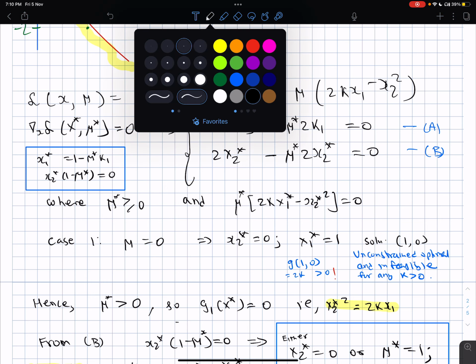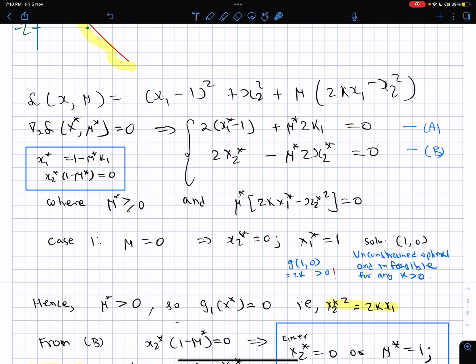Now, first of all, let's see if mu can be 0 or not, because there are two possibilities now. Mu is 0 or mu is greater than 0. If mu is 0, then the question arises whether the constraint is active or inactive. But inactive constraints will always have mu 0. So let's figure out whether mu can be 0 or not.